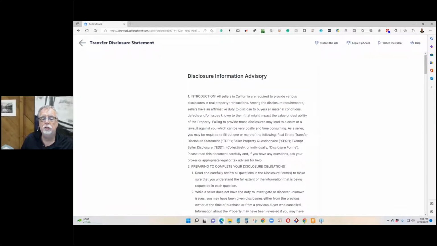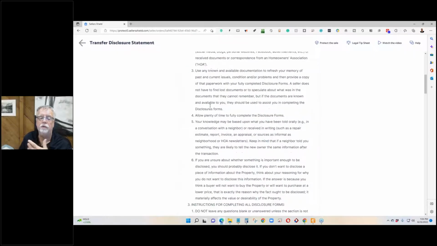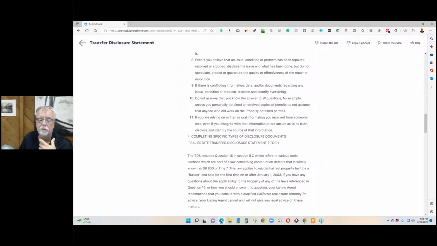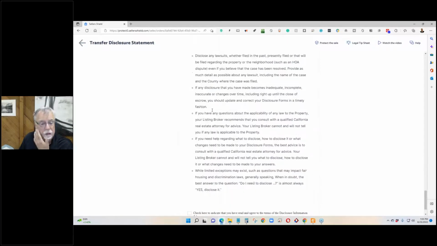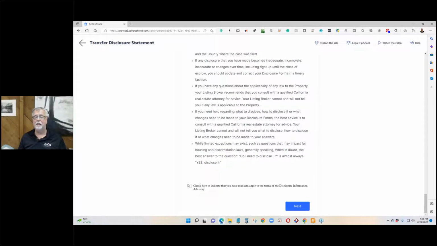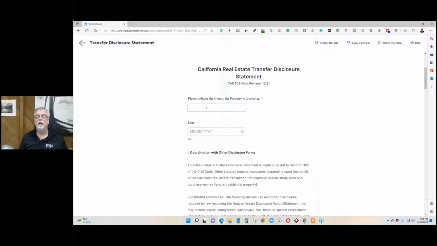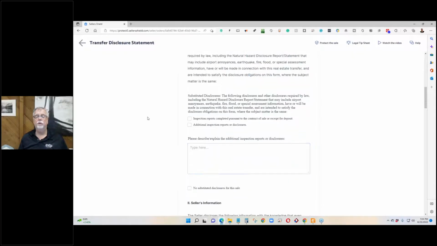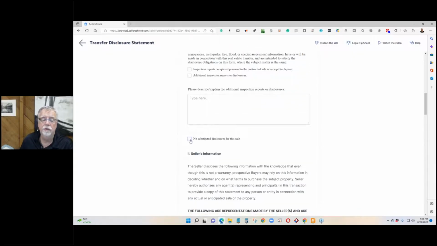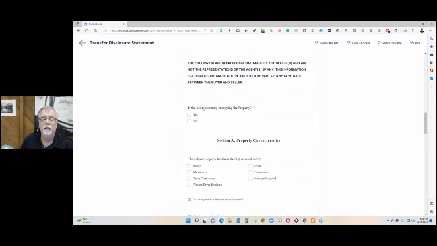So this disclosure information advisory is a form that's in zip forms, and they simply lifted the words out of it. It gives them the general instructions, right, about it. You can see why I break this up, but they click on this and they click on next. Now, please indicate the county in which the property is located, Santa Clara, and today's date is, all right, and then we go through and no substituted disclosures, and is the seller occupying the property?